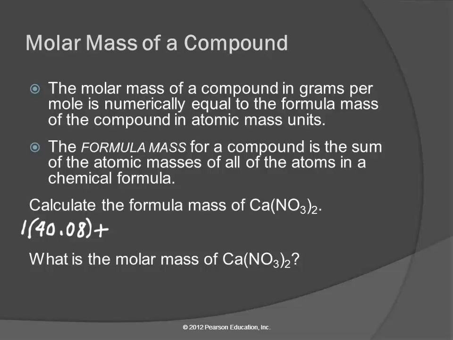How many nitrogens are in that formula unit? There's 2. So if we're talking about a mole of calcium nitrate, then there's 2 moles of nitrogen. And so we have 2 times the mass of nitrogen. How many oxygens? 6. 2 times 3 is 6. There are 6 moles of oxygen in 1 mole of calcium nitrate. So 6 times 16, which is the molar mass of oxygen.